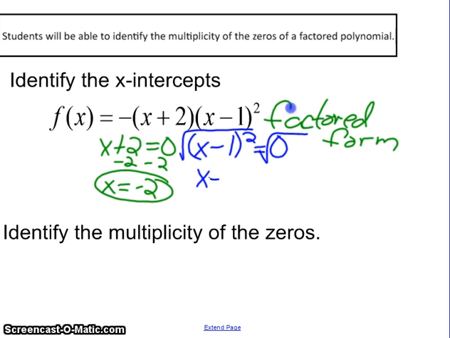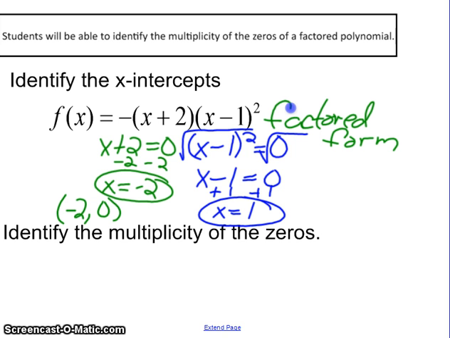I have x minus 1 equals 0, and then I'm going to add 1. x equals 1. That's the other x-intercept. Two x-intercepts. One of them is at negative 2, 0. The other one is at positive 1, 0. The y-coordinate of any x-intercept is always 0.